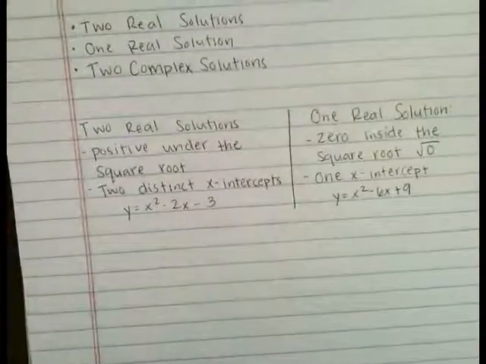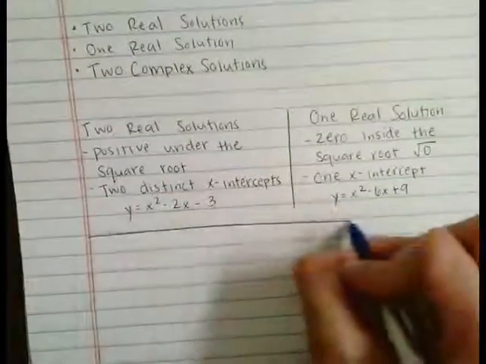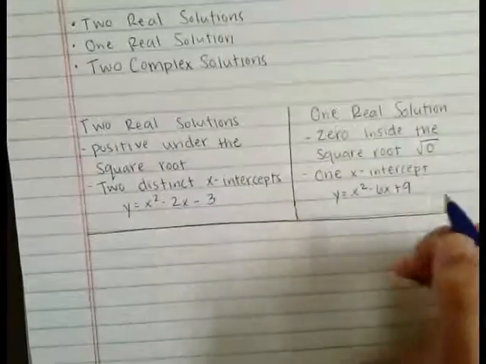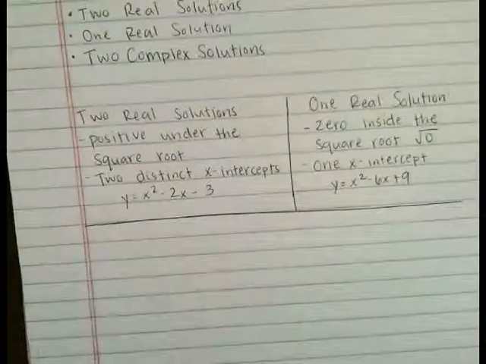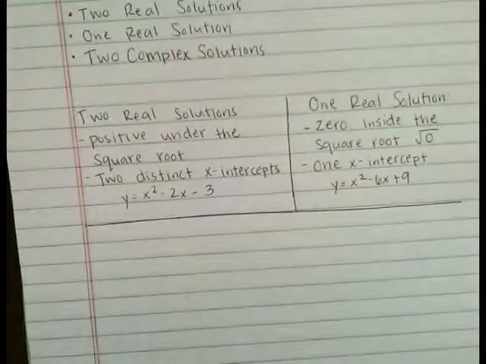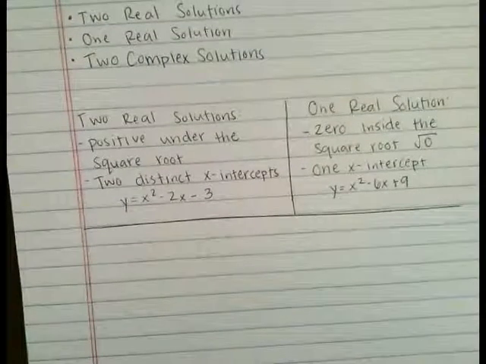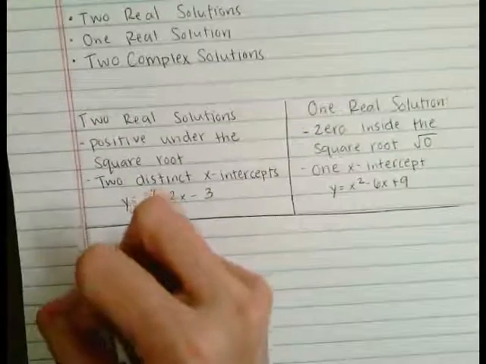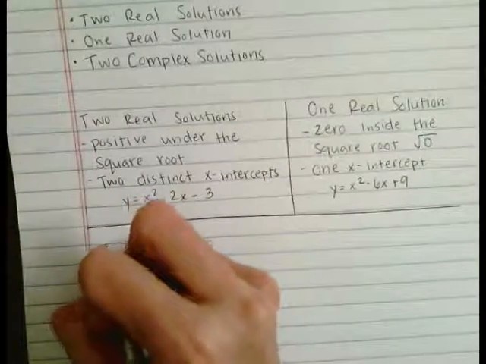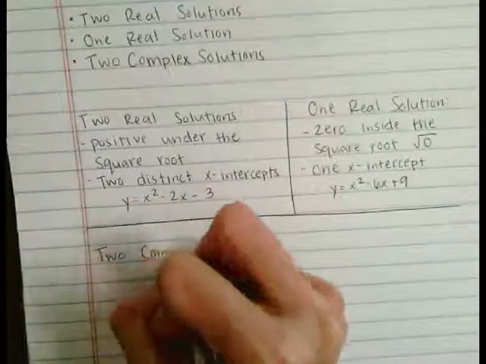Okay, that would be an example of one real solution. Okay, now the one that we haven't talked about just yet, now we've discovered it today and kind of seen a 3D model of it, or interactive model of it. I want us to talk about two complex solutions.